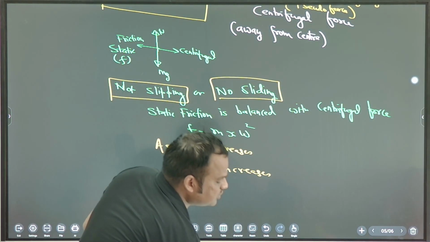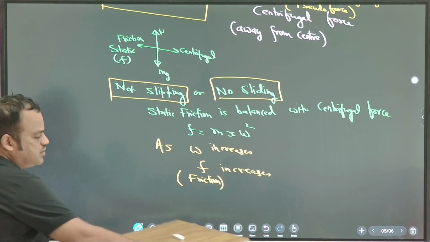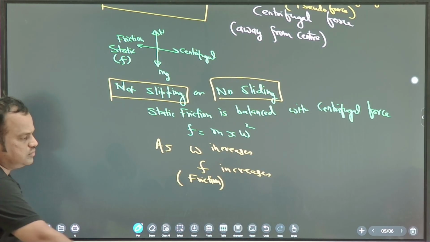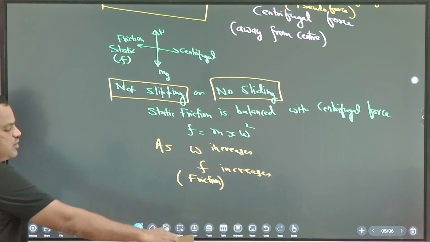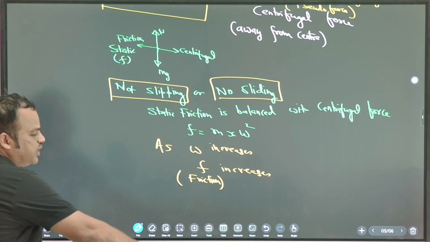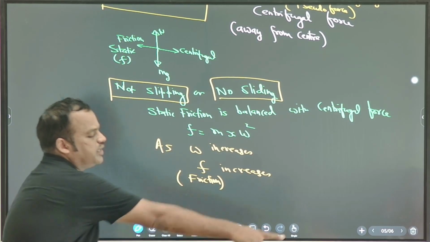Okay, so suppose now omega is less. Now omega is more, so friction is also more. Now omega is very large. At one particular omega it will slip. See? At one particular omega it is slipping.